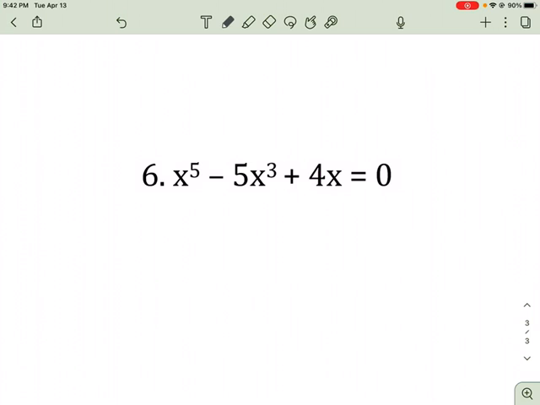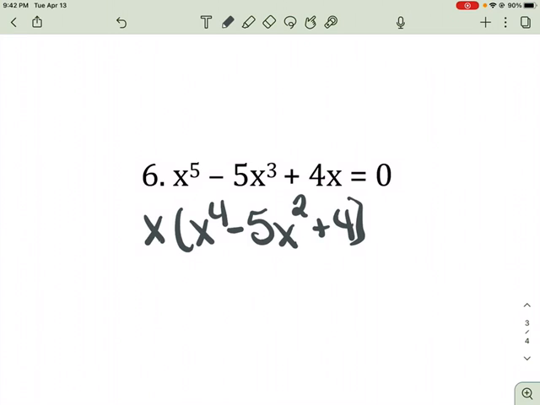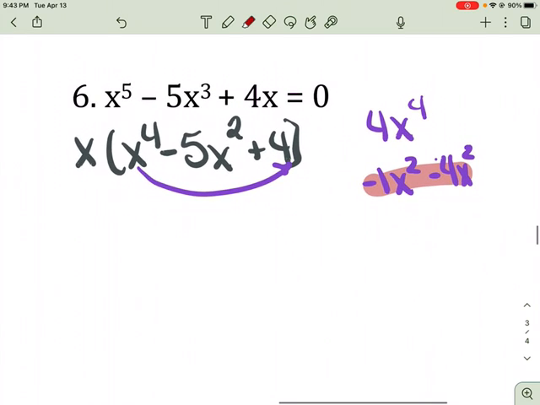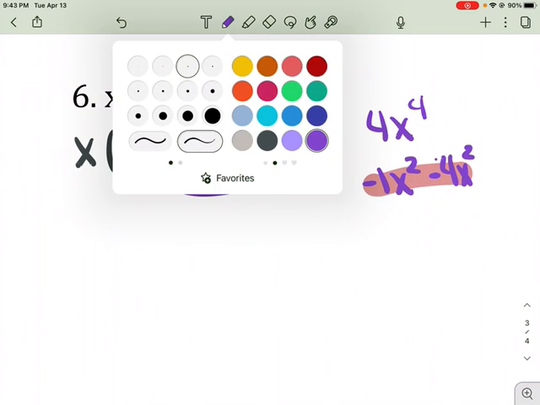Okay, it's already equal to 0. It's already in order, so I'm going to take out an x. That gives me x to the 4th minus 5x squared plus 4. There we go. Okay, so again, we're going to factor like we did before. Multiply factors of this to add up to -5. So I'm going to go -1x squared and -4x squared is going to be my pair. I'm going to do this one with split.